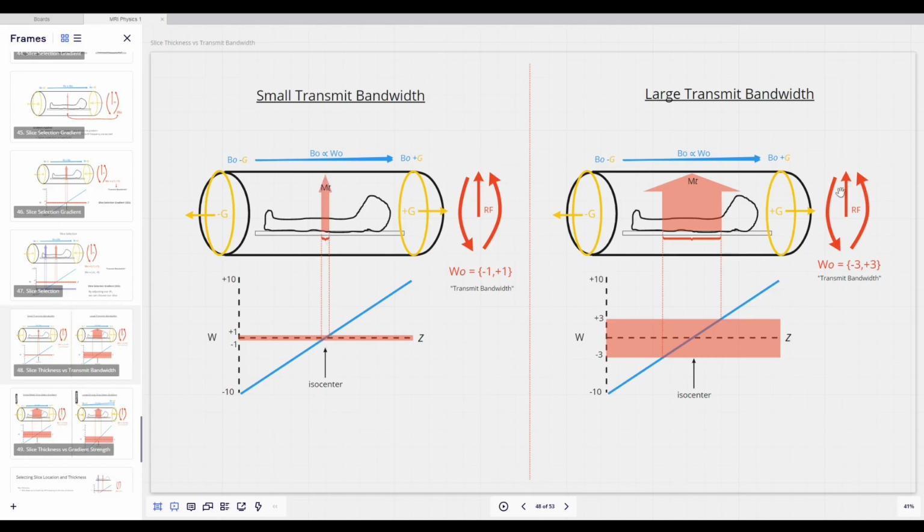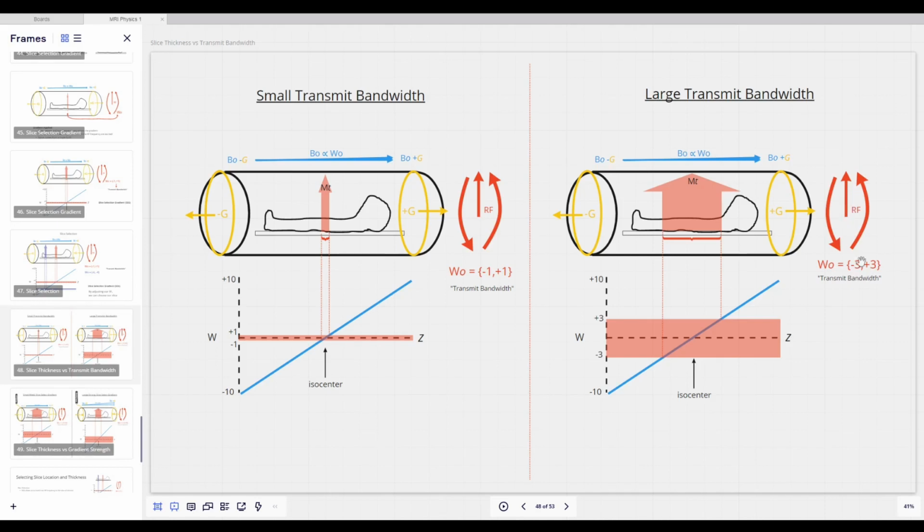In this setup over here, we've adjusted our transmit bandwidth and we've made it wider. We've increased the transmit bandwidth, we've widened it. It's a larger transmit bandwidth, however you want to say it. But the long and short of it is that our transmit bandwidth is now -3 to +3.